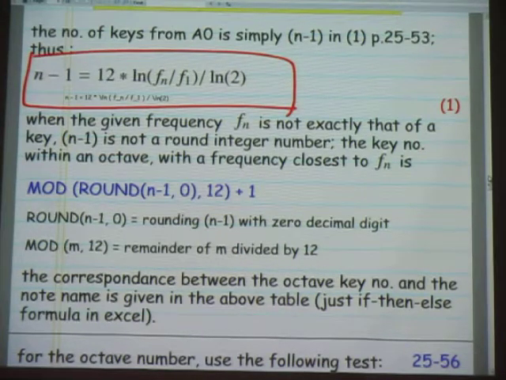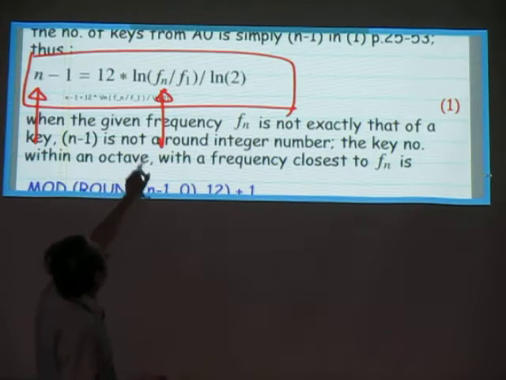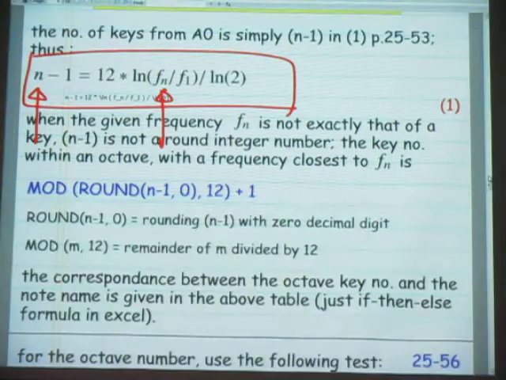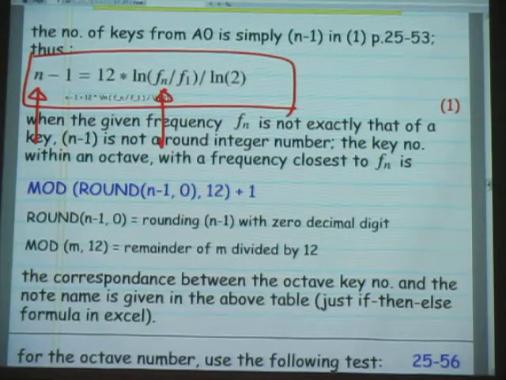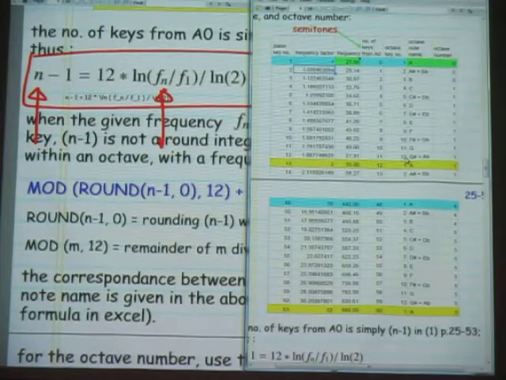That formula would give you, given a frequency, the key number or number of semitones corresponding to that frequency. All right, or n-1 is the number of semitones from key A0, the first key on the piano. Okay, so we went through this last time, and so let me bring this up, so this way you can see both.